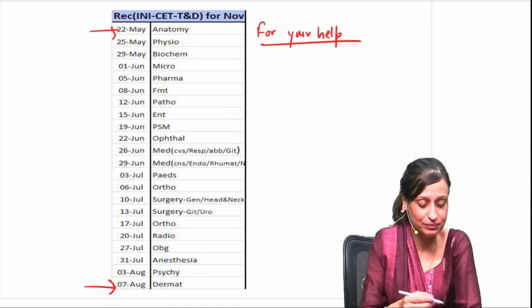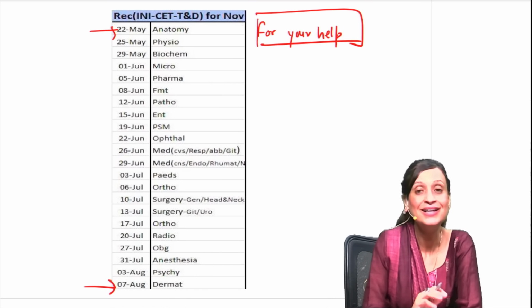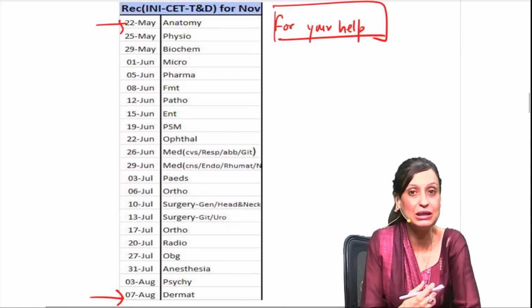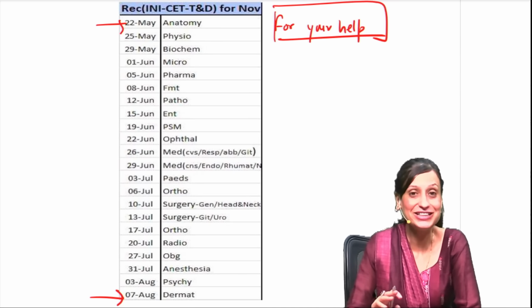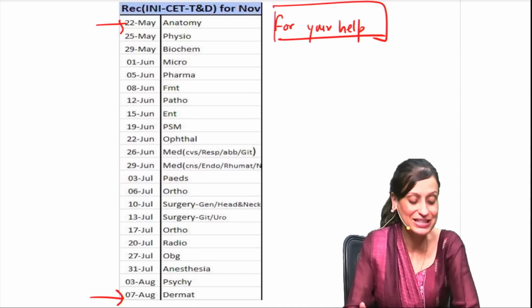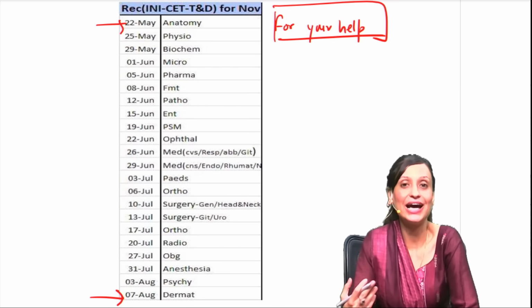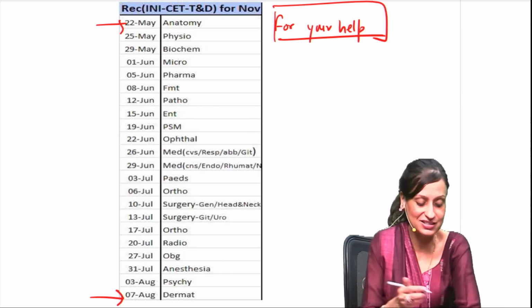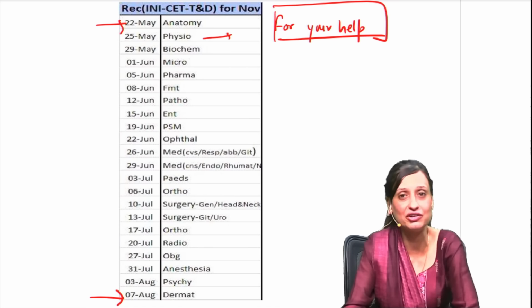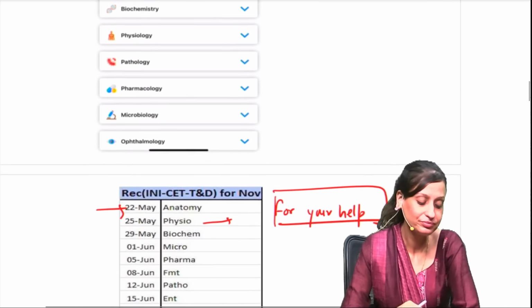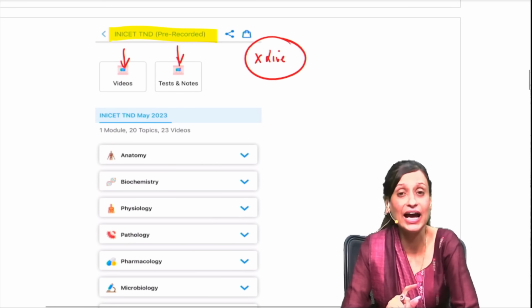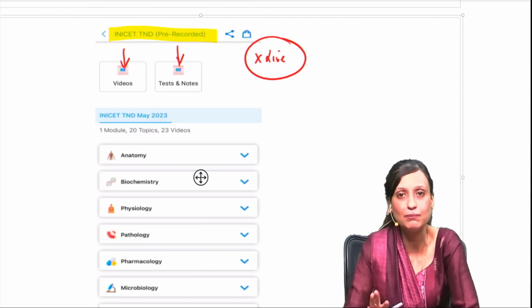So please don't misunderstand. This is a slide which I have completely prepared by myself for your help. This is not telling you that the test would be live on 22nd May. So don't think you will come live on 22nd May for an anatomy test or 25th May for a physio test. No. As I said, it is pre-recorded, and all the tests and video discussions have already been uploaded.